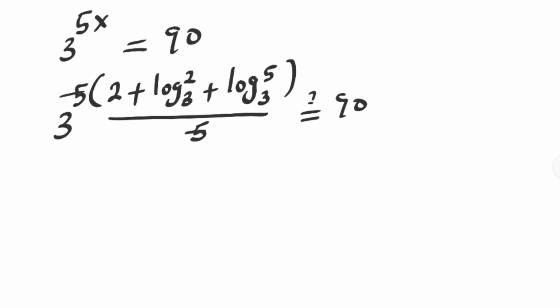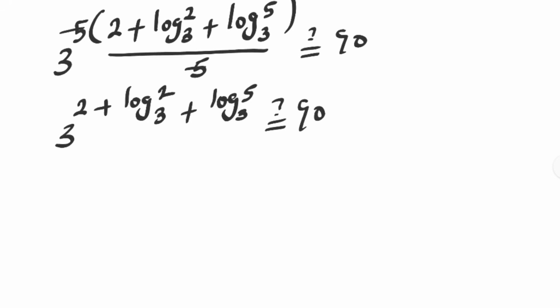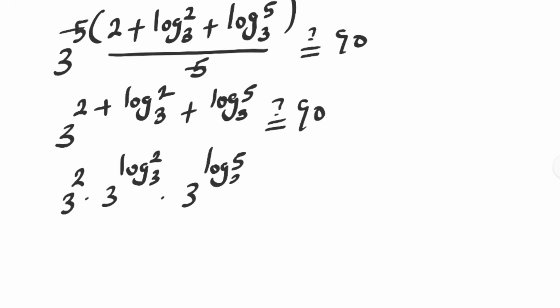This 5 cancels this 5. We have 3 raised to power 2 plus log 2 base 3 plus log 5 base 3 must be equal to 90. Here, this can be written as 3 squared multiplied by 3 raised to power log 2 base 3 multiplied by 3 raised to power log 5 base 3 must be equal to 90.